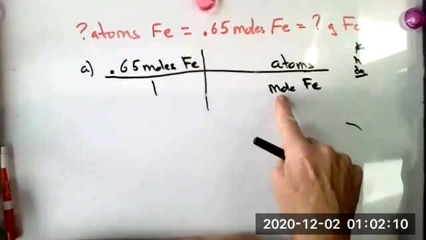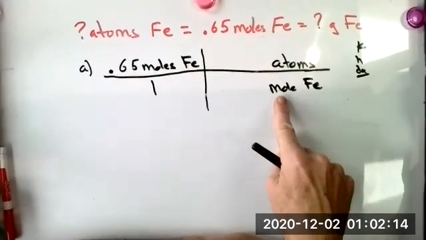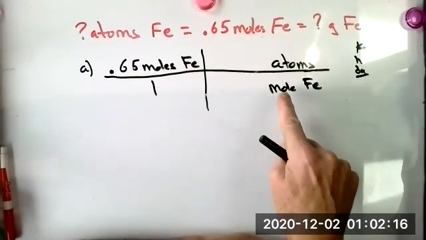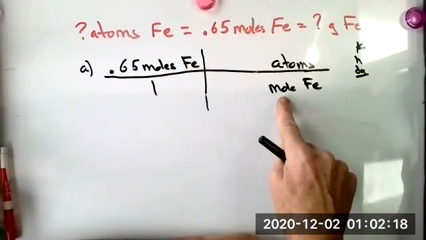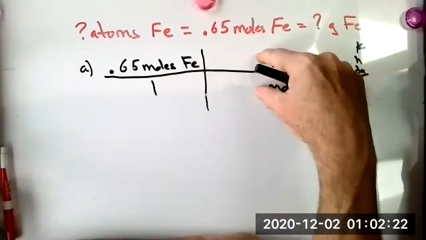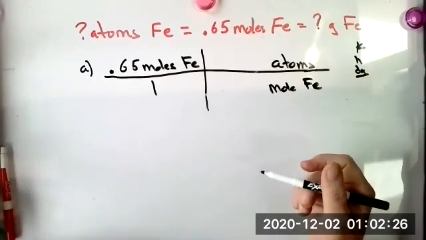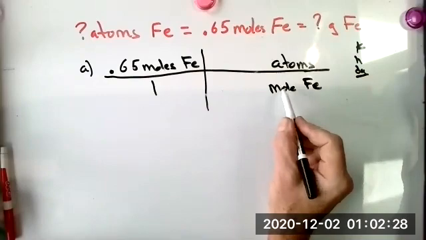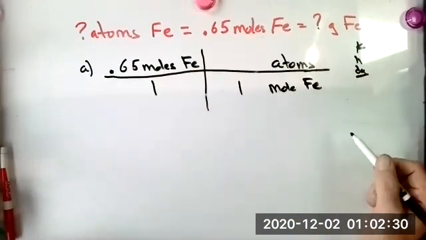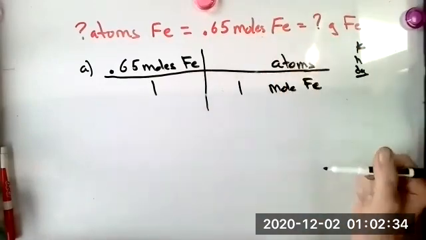This is going to be our largest unit ever. This is the guy right here, the mole. So whenever you see a mole in a cell of a bridge, that guy will be the largest one. So I see that, I do that. And if the mole was on top, the 1 would be on top.